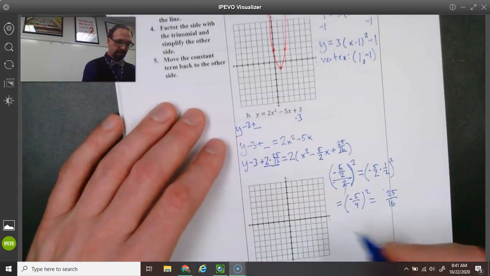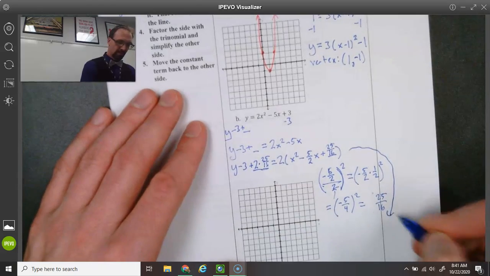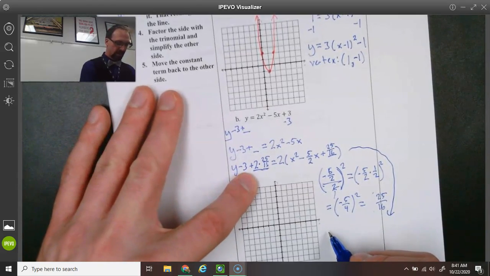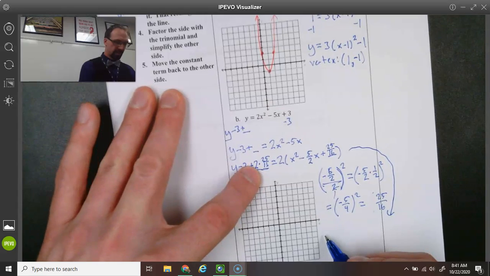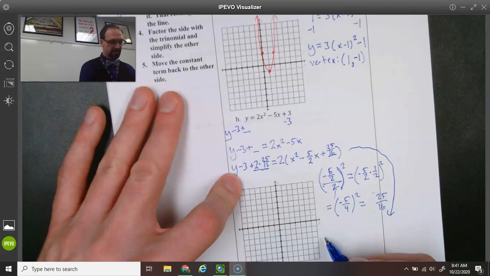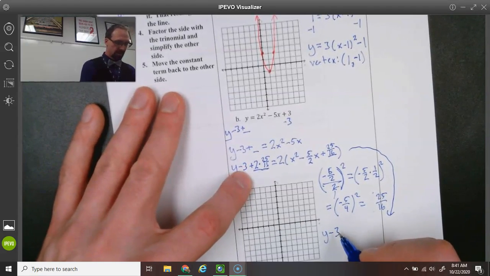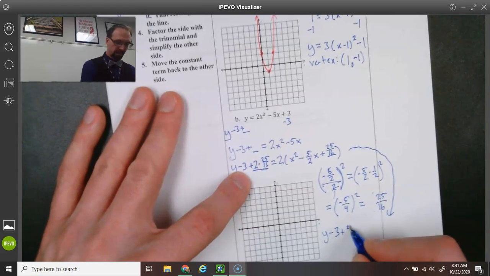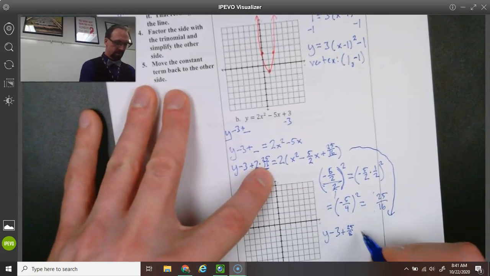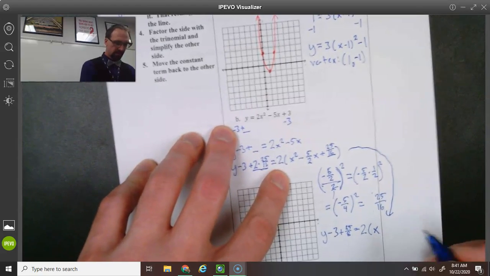So for this part, simplifying that, 2 times 25 over 16 simplifies to 25 over 8. So I have y minus 3 plus 25/8 equals 2 times x.